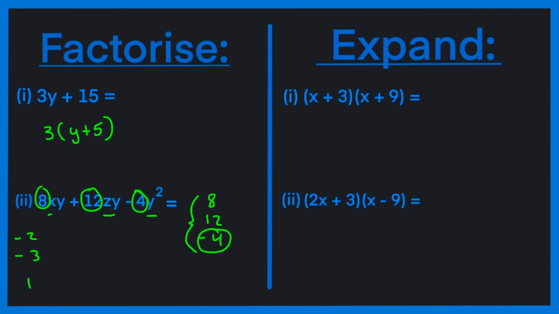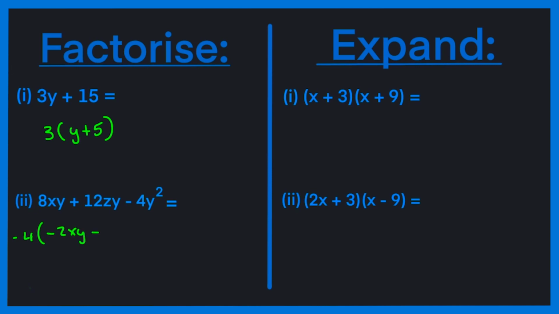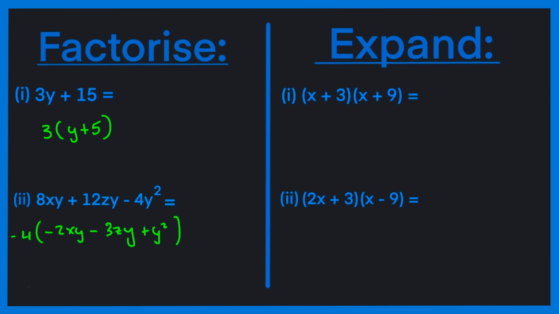So what we can do is we can take out a factor of minus 4, write out minus 4, and then an open bracket. Now you might just think that, oh, okay, we can therefore write down minus 2xy minus 3zy plus y squared. However, that's actually incorrect. That wouldn't be our final answer. In order to make our answer correct, look at the algebraic terms present.